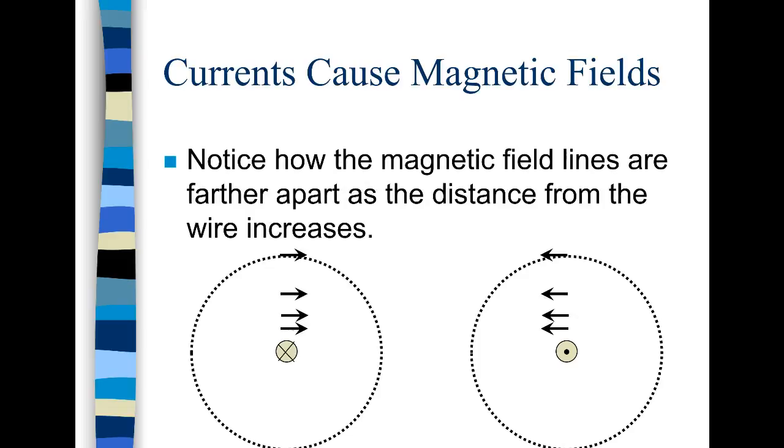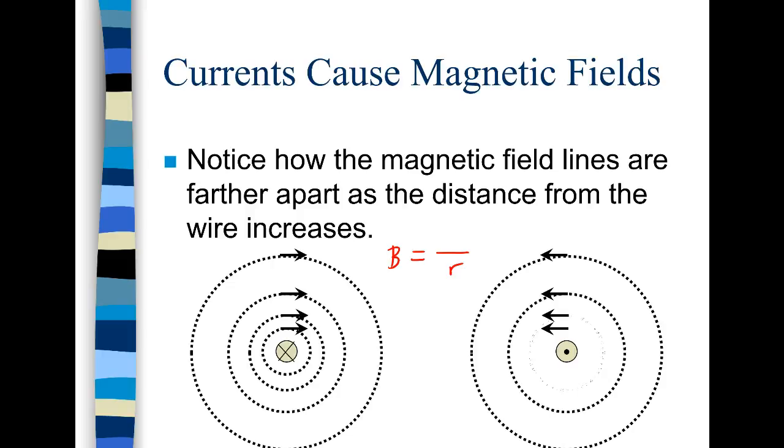And also notice how these field lines are farther apart as the distance from the wire increases. That's because of our B equal to some constant over r. Okay? So it's a 1 over r thing. And we can see that as well here.